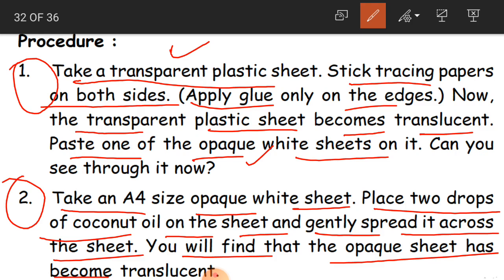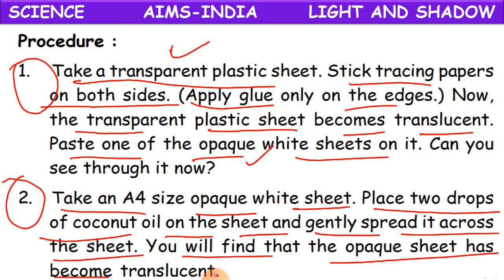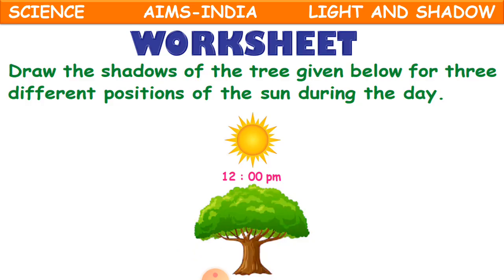It is going to become like tracing paper, like butter paper. So now this opaque sheet has become translucent, where you can allow the light to pass partially. Clear, children? So that is how you can make one transparent paper as opaque and opaque paper as translucent.